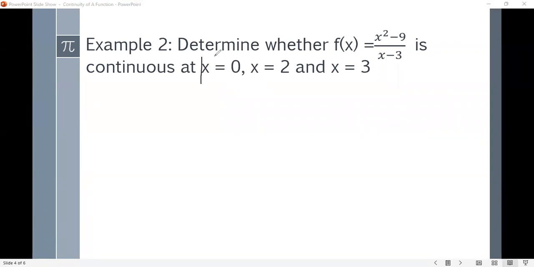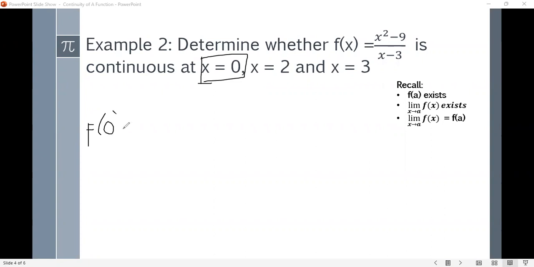unahin si x is equals to 0. So, again, gamit lang sa first condition, f of a is exists. So, substitute natin yung x values ng 0.